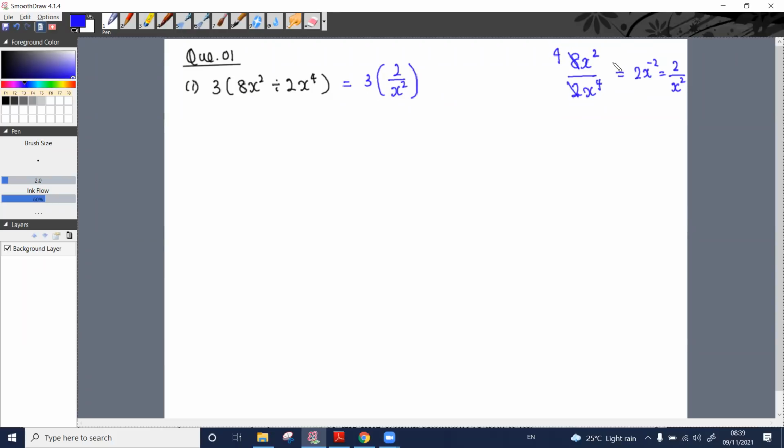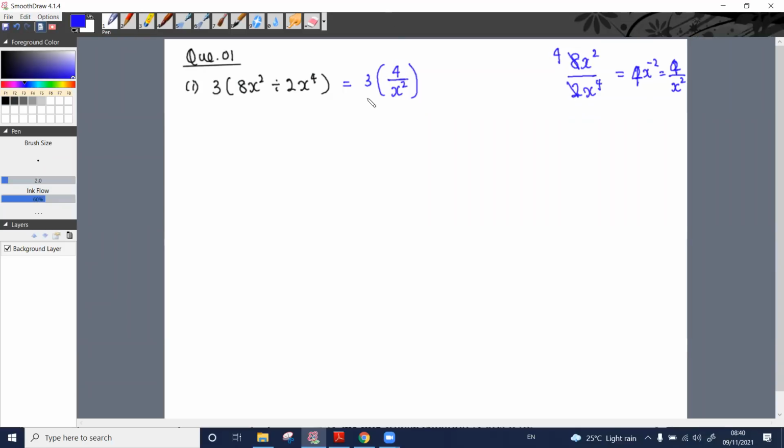Sorry, not 2, it is 4. 4 over x squared. It should be 4.